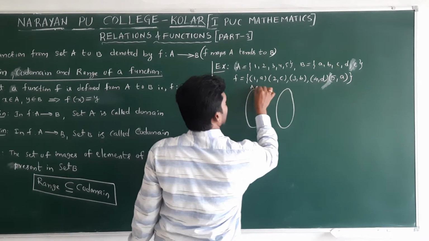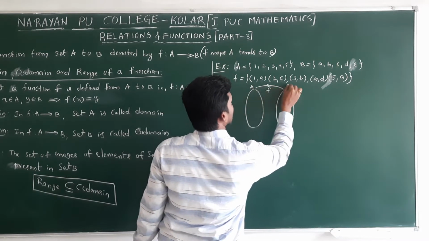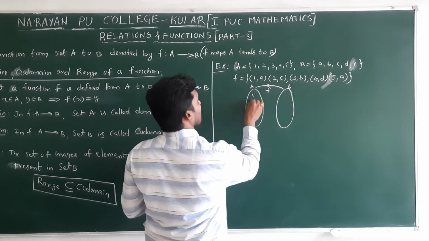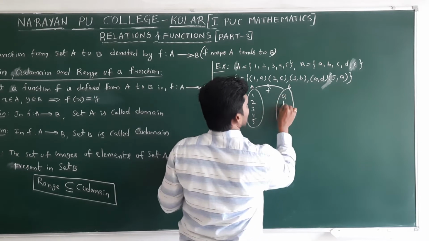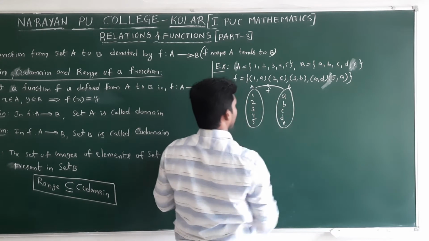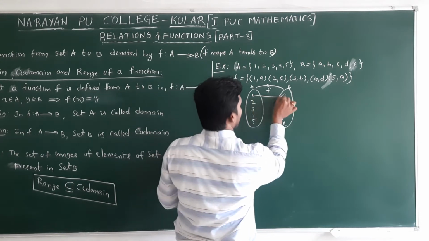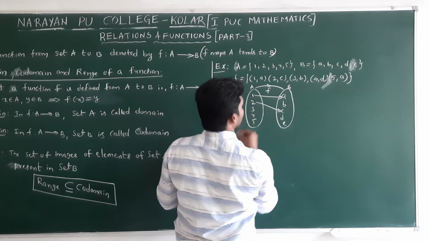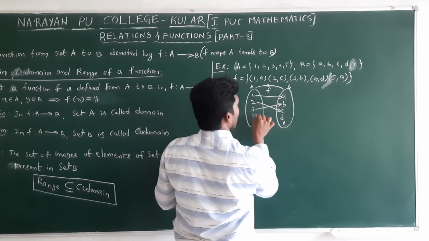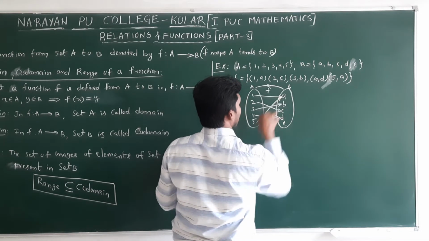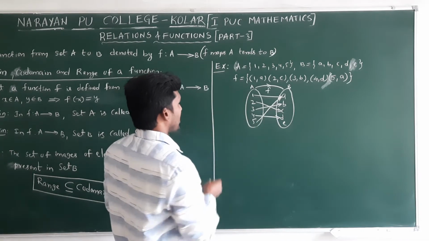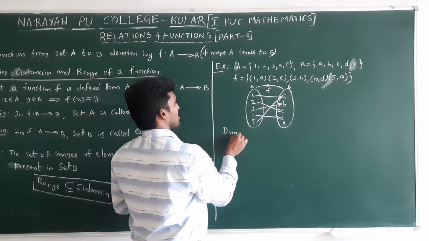F maps from A to B. Set A has the elements 1, 2, 3, 4, 5. Set B has a, b, c, d, e. 1 has image a, 2 has image c, 3 has image b, 4 has image d, 5 has image again a. Now from this we can get the domain.